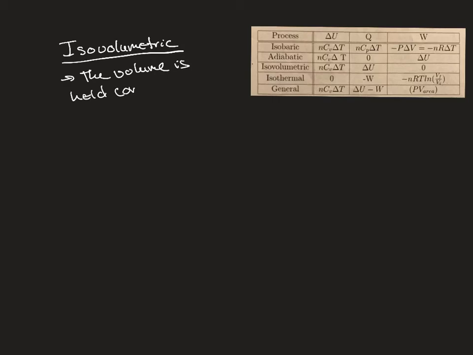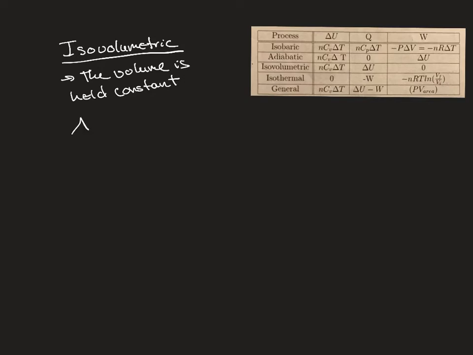The next thermal process we are going to discuss is isovolumetric. And as the name implies, because iso means the same, it is the same volume. So this means that during the process, the volume is held constant.